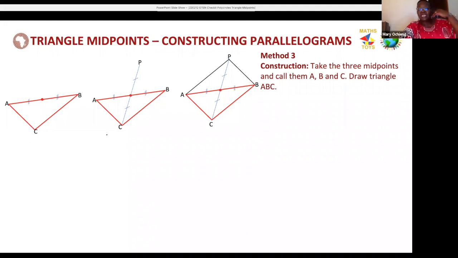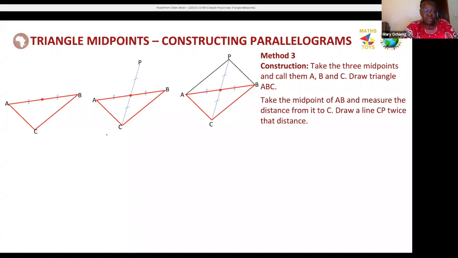On the second triangle there, if we take the midpoint of AB and we measure that distance, then we draw line CP, which is twice that distance. So the line CP really is twice that length.